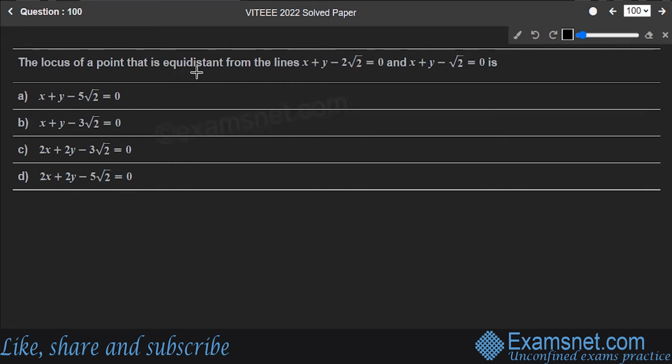The locus of the point that is equidistant from these two lines is equal to what?